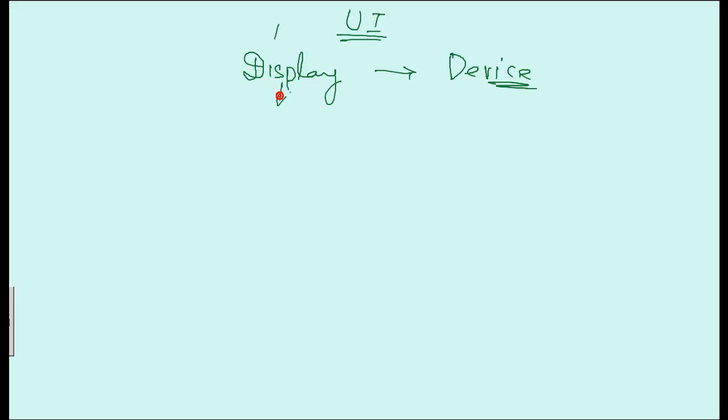Another class is the Displayable class, and this Displayable class is abstract, so that means we can't create an instance of it. But we can create an instance of the Display class, though we can't use new here.